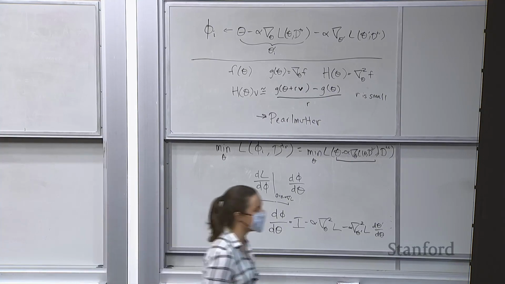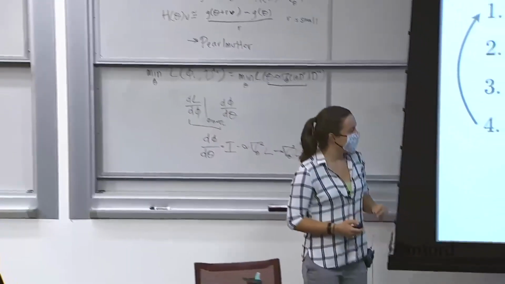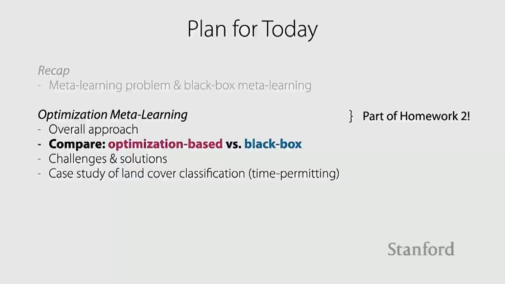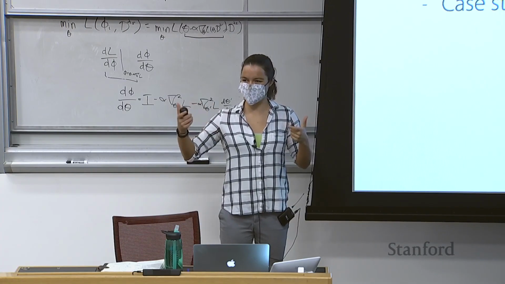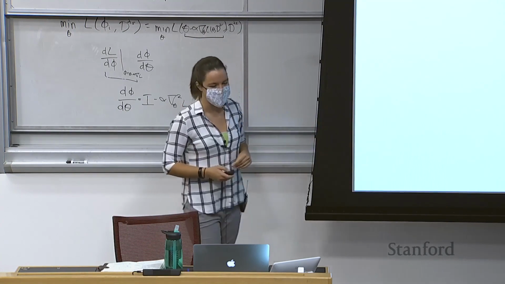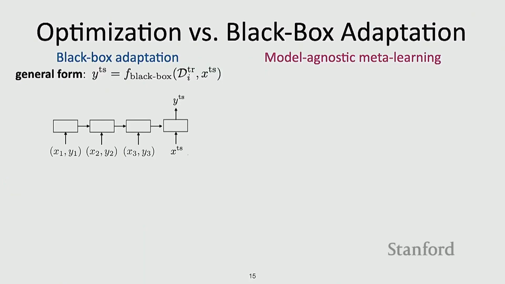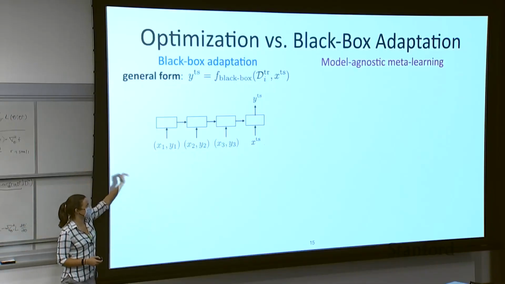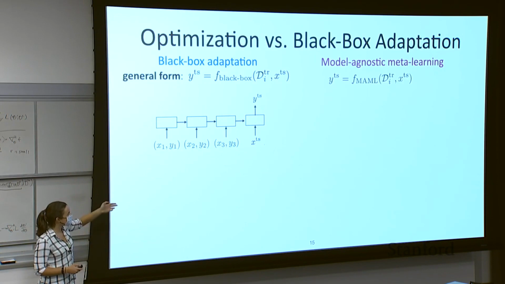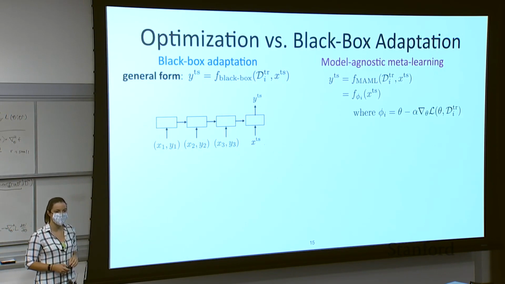Okay, so now how does this approach compare to the black box approach? We saw that at the algorithmic level, it just corresponds to running a different inner loop procedure for computing task-specific parameters. If we look at the form of these two functions, one is where we pass the data set into a neural network, and the other is where we essentially run gradient descent on the training data set.